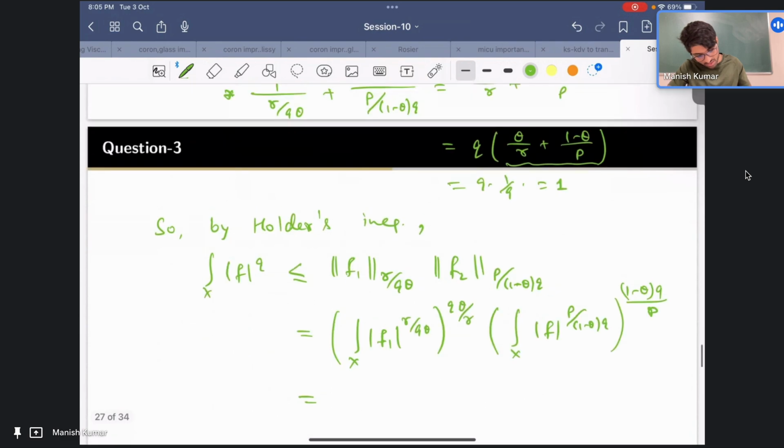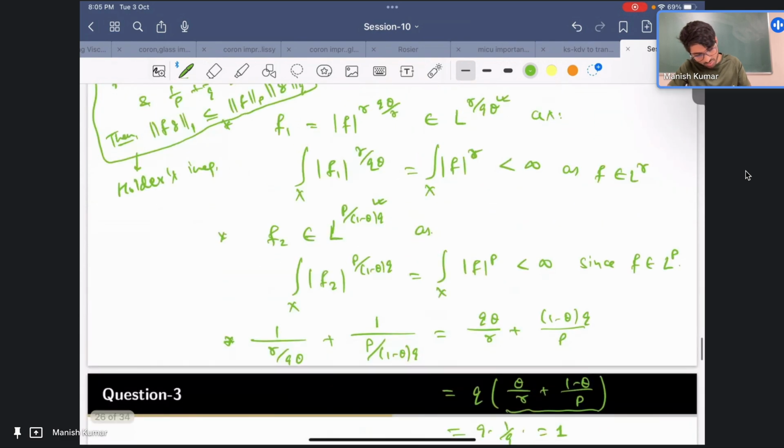And as I mentioned here, mod f1 raised to the power R by Q theta is nothing but mod f^R, right?